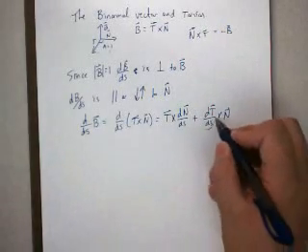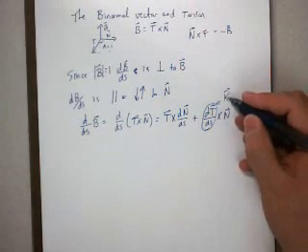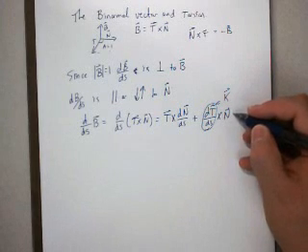Now one of these vectors, in particular this one right here, is a vector we know. It's the curvature vector. But the curvature vector and the normal vector point in the exact same direction.